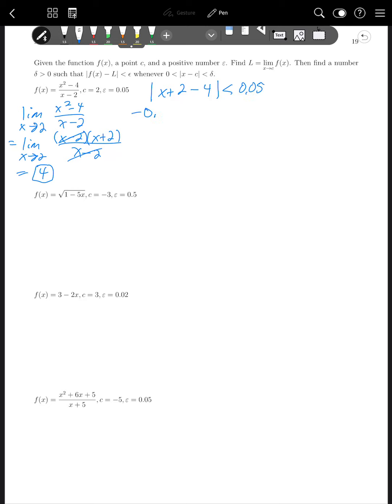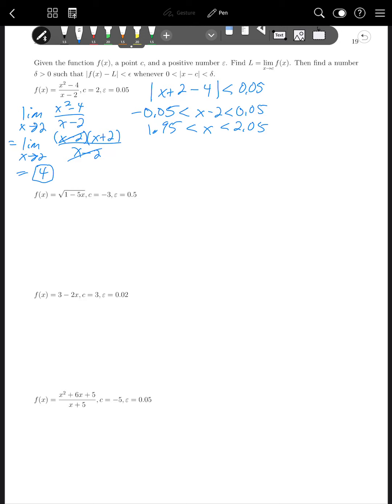So then that's negative 0.05 is less than x minus 2, which is less than 0.05. Add 2 to all the pieces, and you get 1.95 is less than x, which is less than 2.05. And so that's our interval, which they're not actually asking us for in this case. They really just want to find our delta.